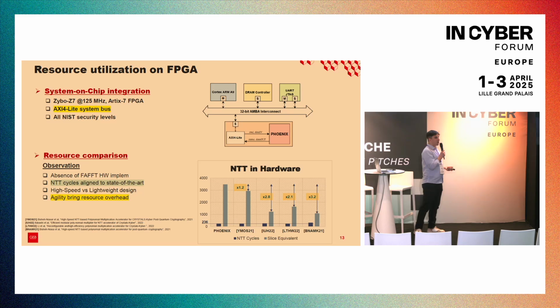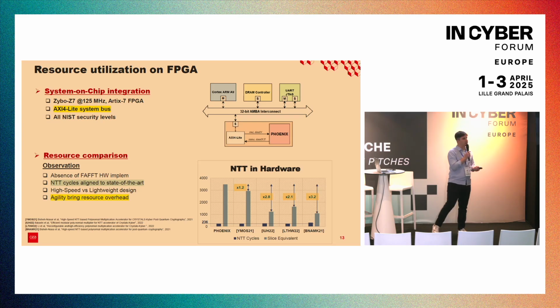In order to evaluate the impact of Phoenix in terms of resources, we compare just using the NTT hardware state-of-the-art, because nowadays there is no work about the Frobenius integrated in the HQC.